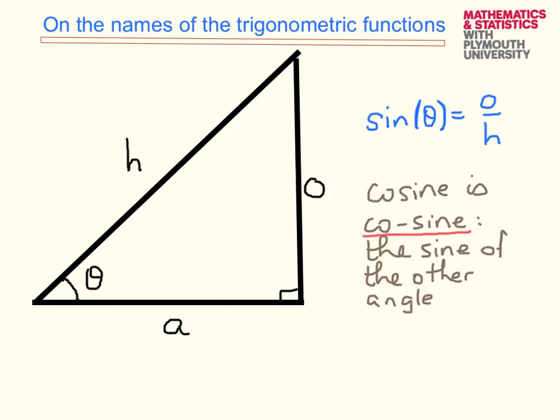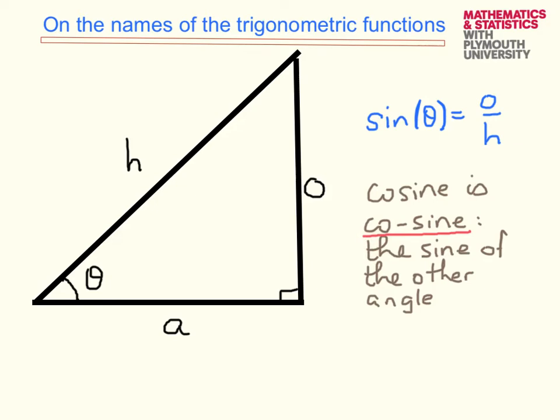Okay, so to start with, very simply, when we think about a sine in a right angle triangle, you'd think of the sine as being defined as the opposite over the hypotenuse, and the cosine is the adjacent over the hypotenuse. But originally, a cosine was a cosine, like a co-pilot in an aircraft.